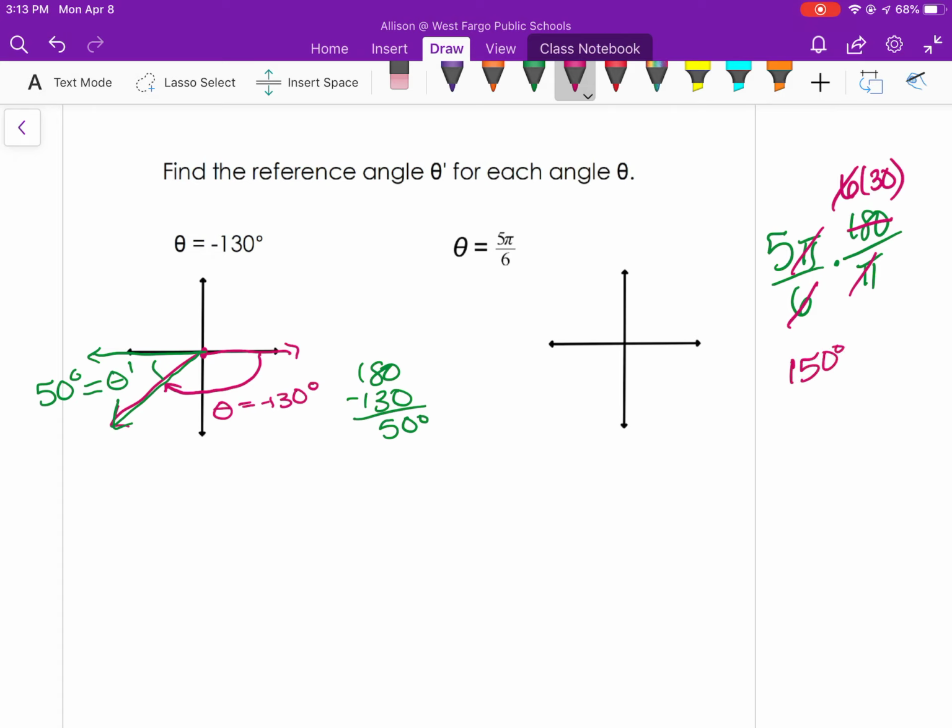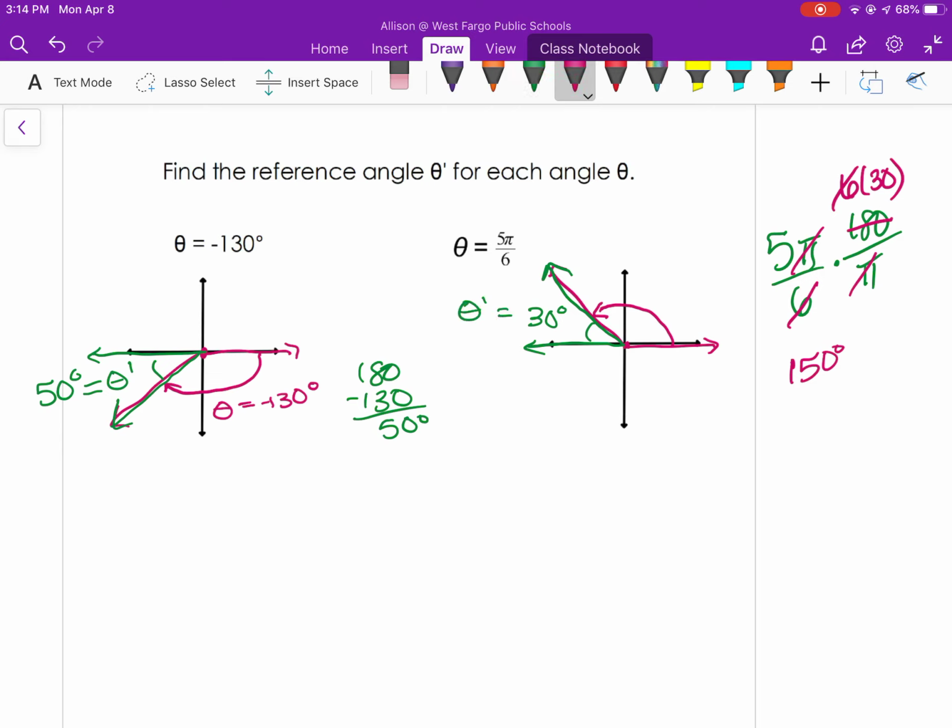So this is 150 degrees. So starting at the positive x-axis, go counterclockwise 150, and then it's with the negative x-axis and the terminal side, and that would leave me with 30 degrees here, since the whole thing needs to be 180.